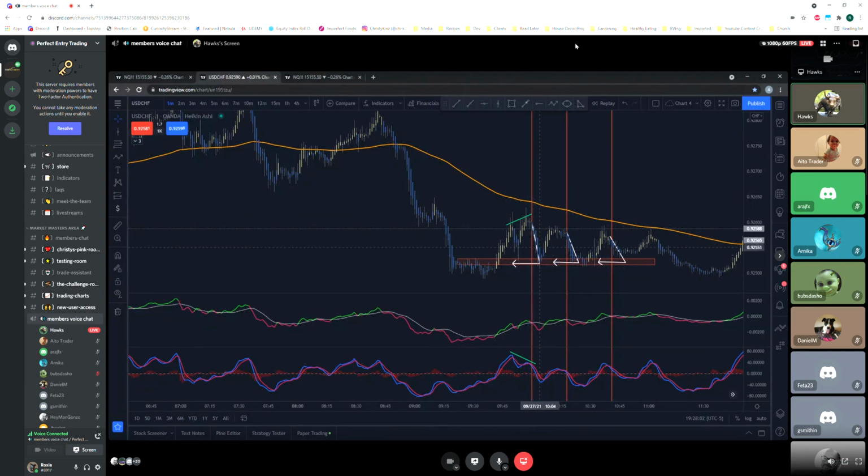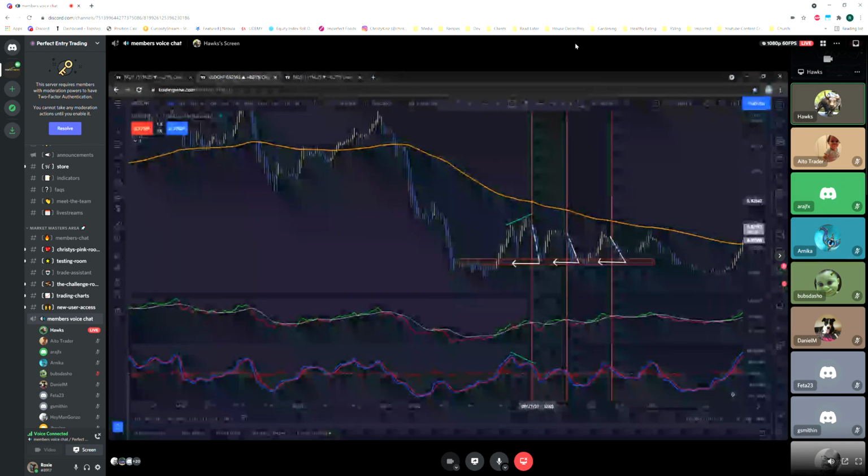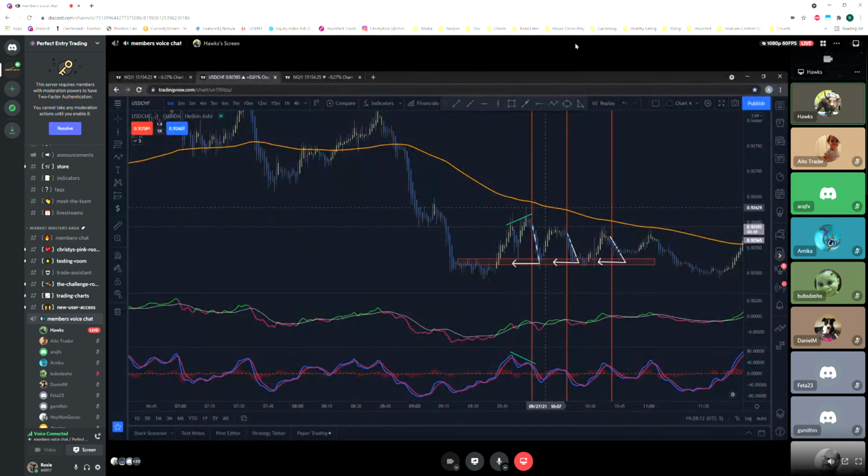It really wants to go up, but the EMA is pushing it down. So you do use this EMA as a support and resistance level as well. In theory, price is bouncing between the EMA right here, and it's also bouncing off of this support level right down here. So always look to the left when you trade.